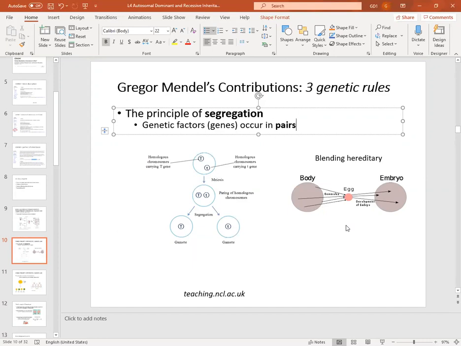With Mendel we have the chromosome theory. The genes are on chromosomes, and we now know each chromosome in each pair will go separately. They do not mix together and transfer something unclear to the embryo.